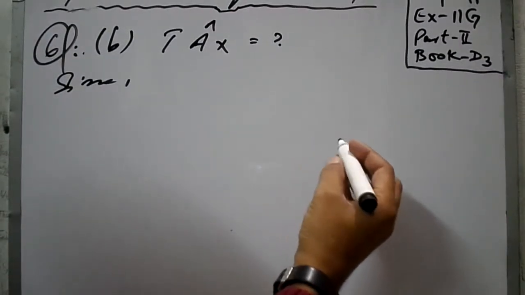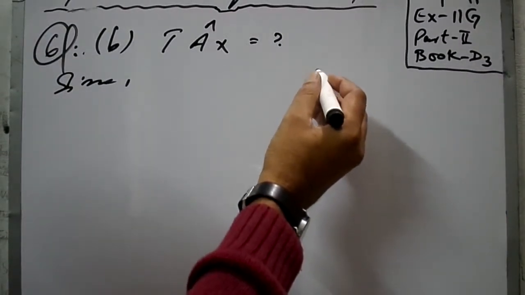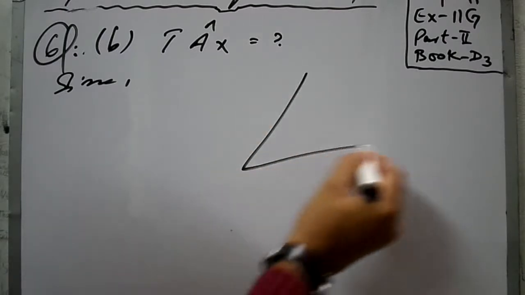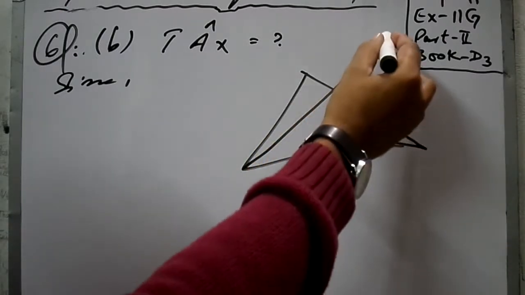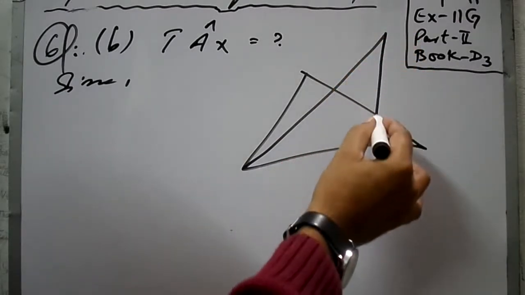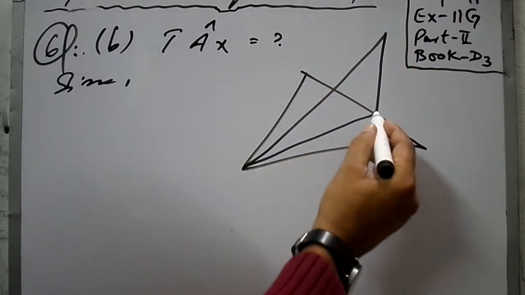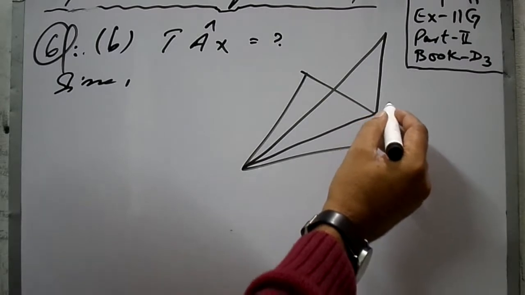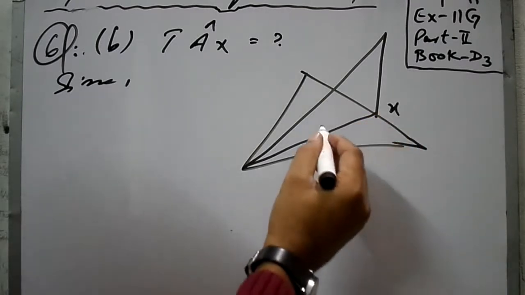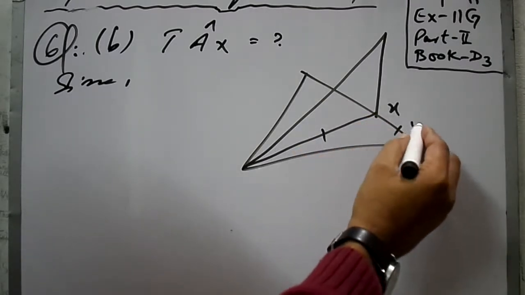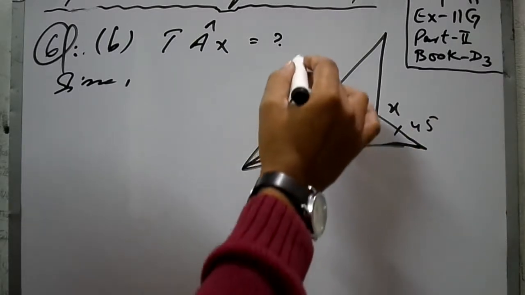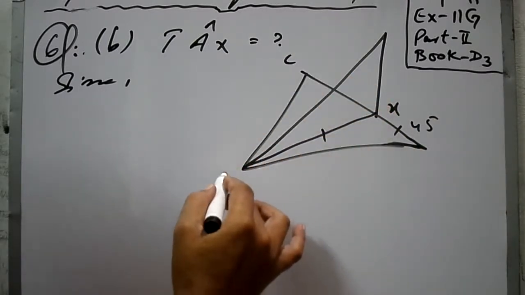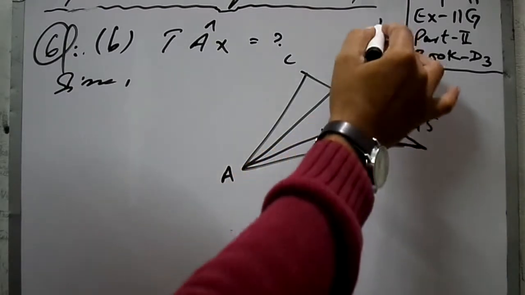That is your diagram. That is where X, 45, C, A and T.